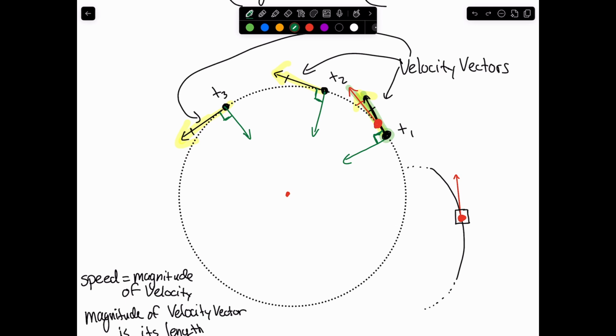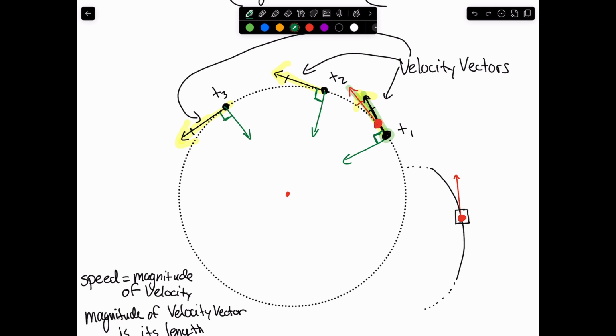And our acceleration vector at that moment is pointing down and to the left. So if you think about it, how should the velocity change based on this acceleration? Well, the acceleration points towards the change in velocity. So if the acceleration is pointing leftward, our velocity should be more left moving forward. And if it's pointing down, our velocity should start turning a little bit more down in the next instant.